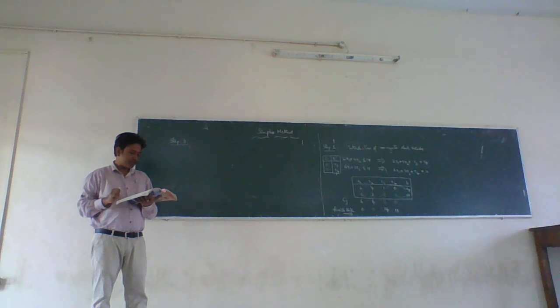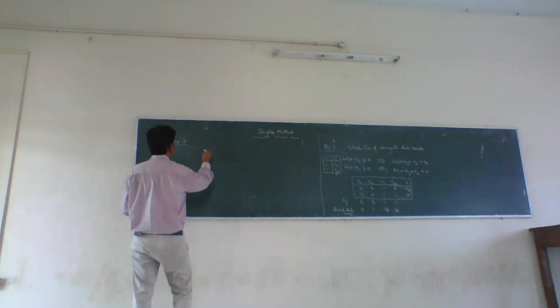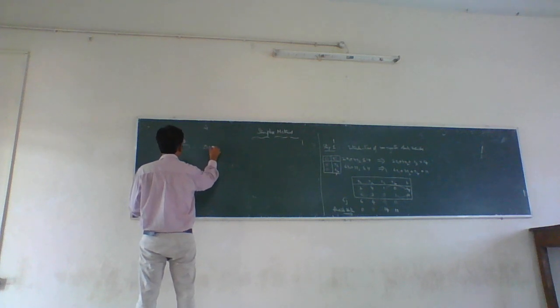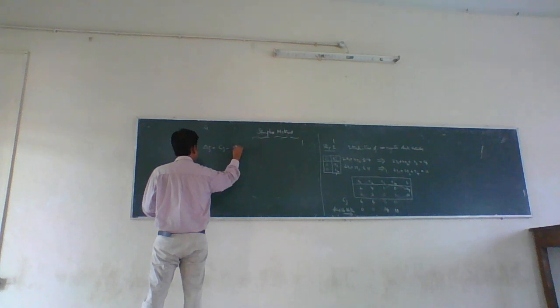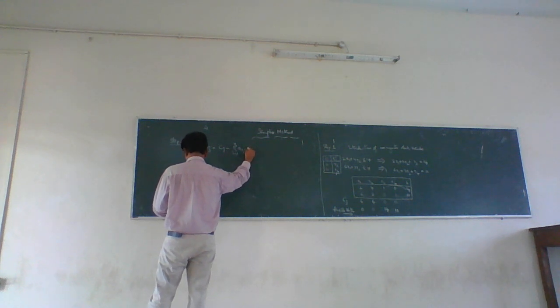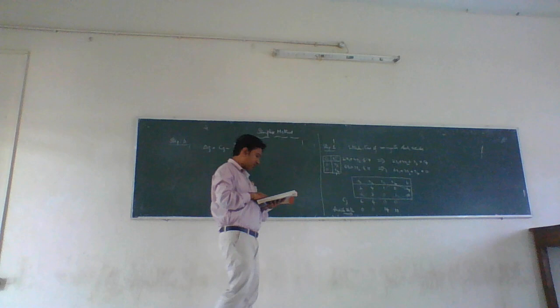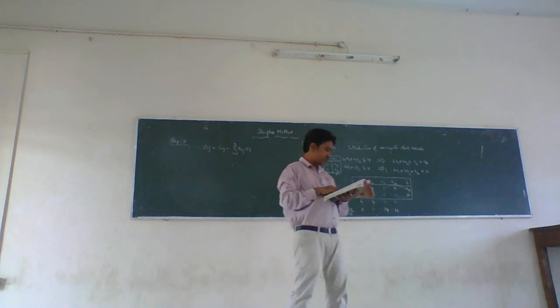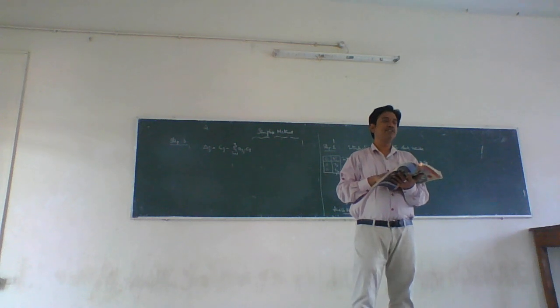Each variable which is not part of the feasible solution is evaluated by computing delta J.